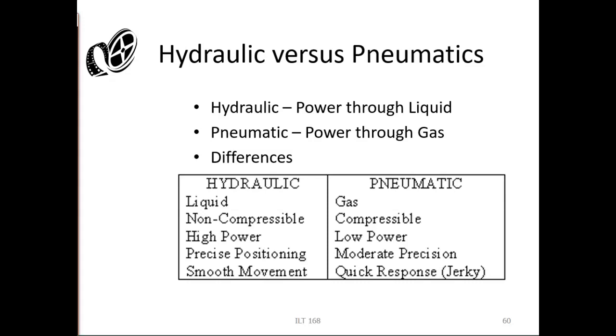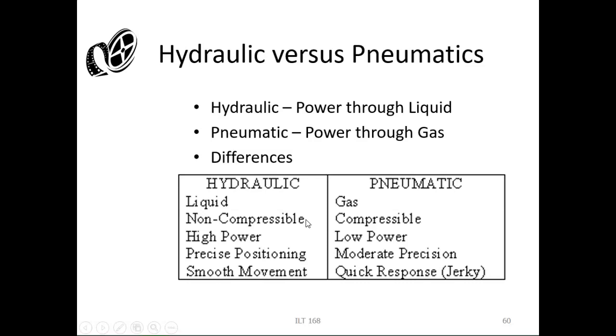And then hydraulic, you have precise positioning versus moderate precision. In other words, I can put hydraulics anywhere I want to. All I have to do is shut off the flow of fluid. That's not going to move because it's not what? Non-compressible.